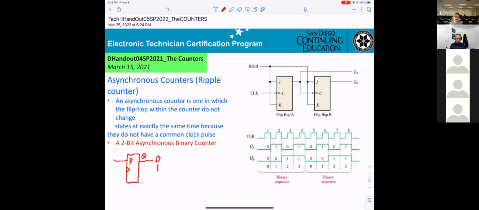If you get a 2 flip-flop, then they count the first one, you can see they get a 0, 0. That means 0. The next will be 0, 1, right? Number 2.